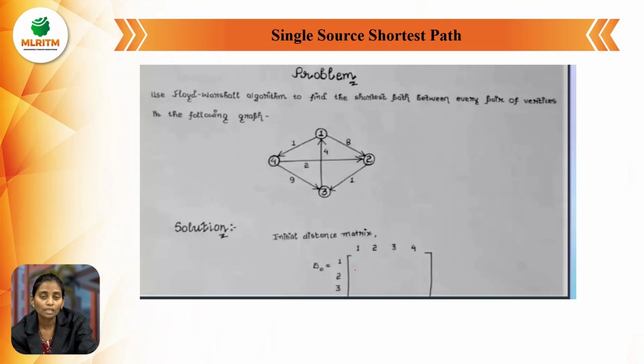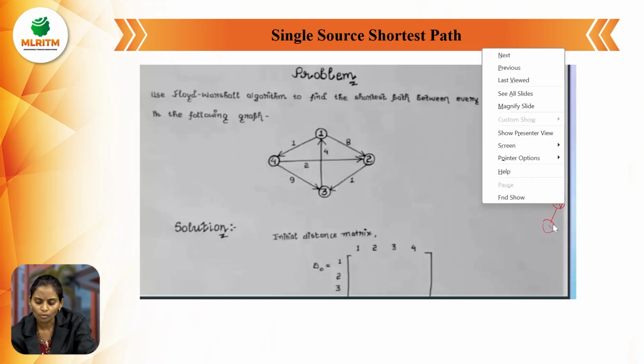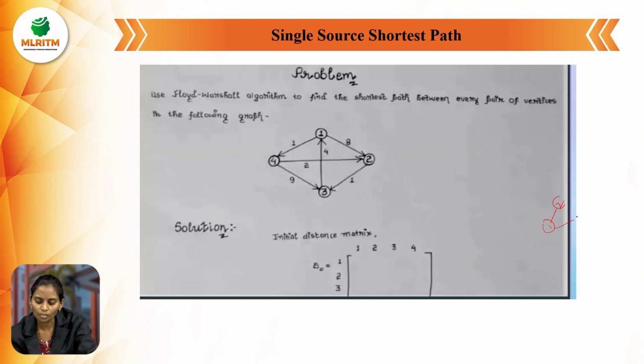Whenever we want to find the path from 1 to 2, we will avoid the first row as well as the second column. That means we want to travel all the vertices: 1 to 2, 1 to 3 and 1 to 4. Again the same: 2 to 1, 2 to 2, 2 to 3, 2 to 4.